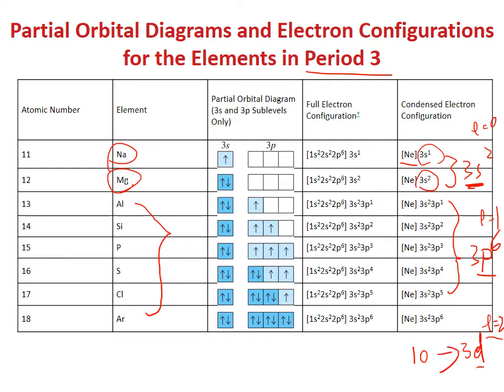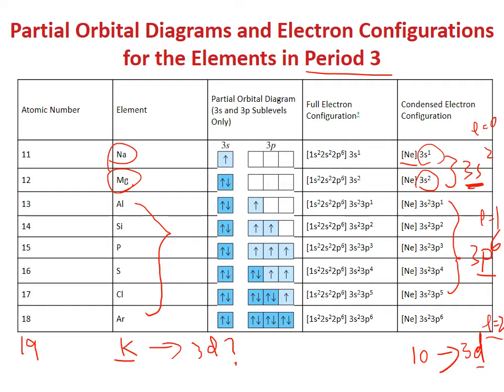Okay, so the next element is 19, which is potassium, another alkali metal. And potassium has one more electron than argon. The question is, does this electron go to d orbital, 3d? Okay, the answer is no, because the 3d orbital is effectively shielded from the nuclear charge by inner shell electrons.